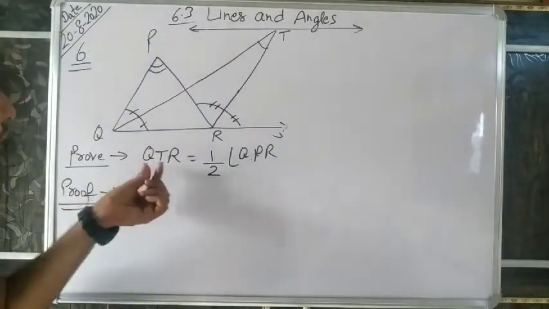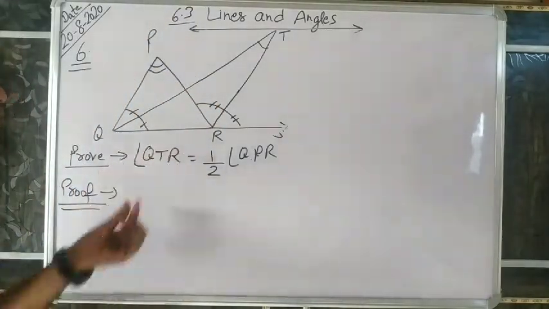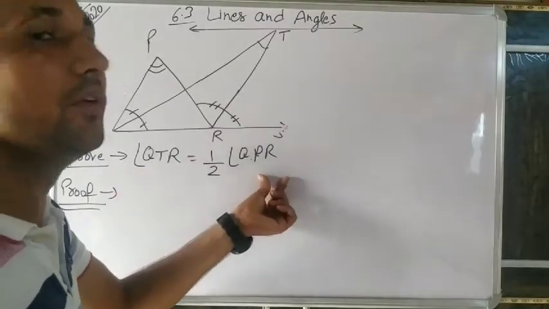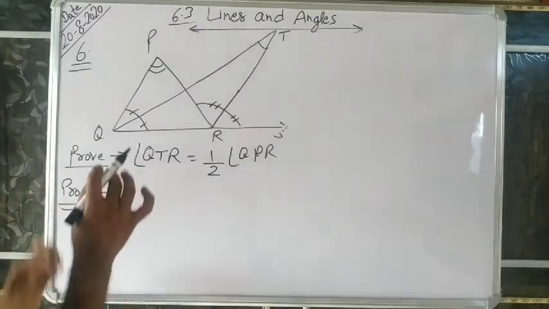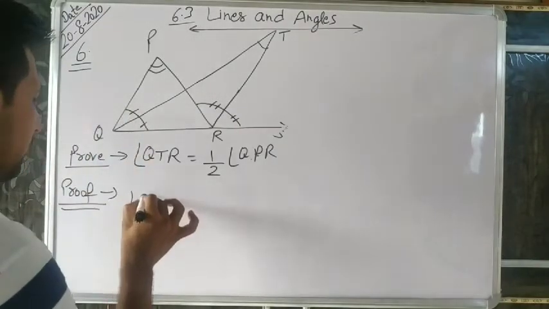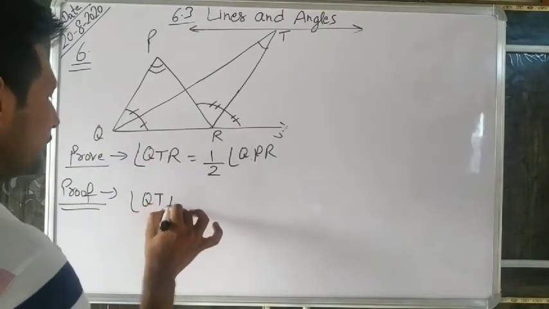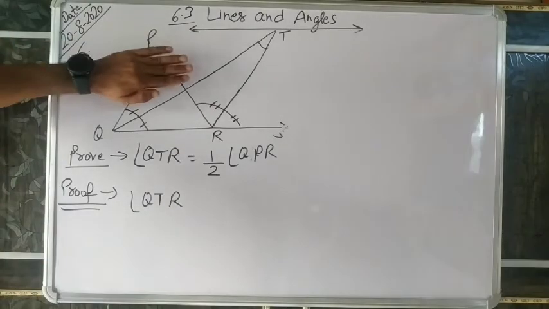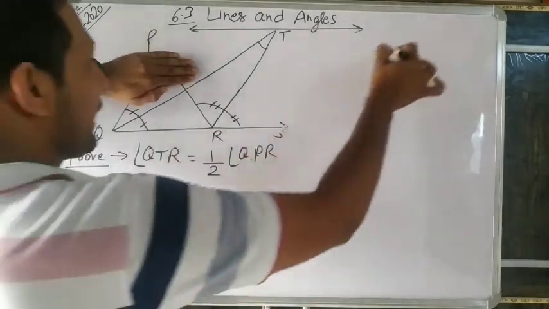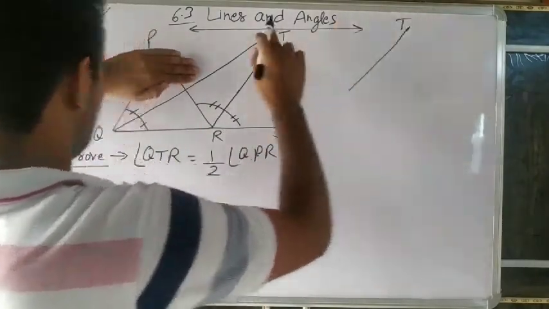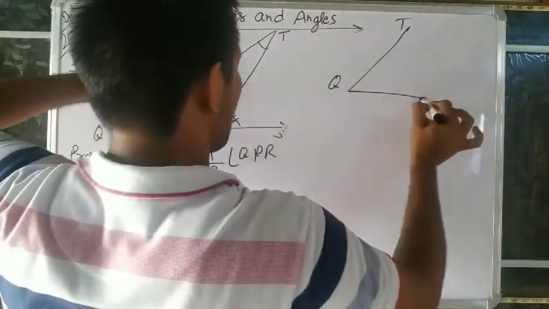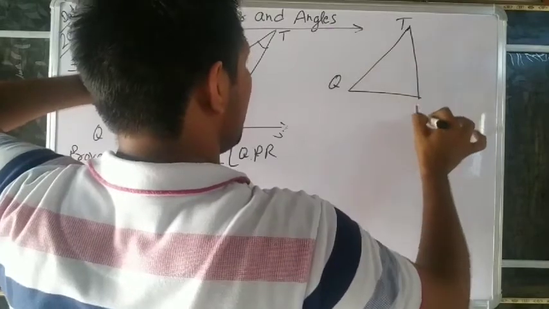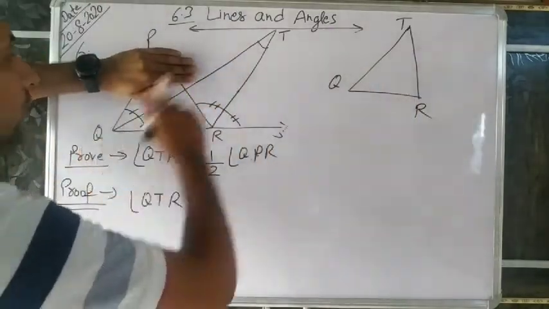What do we want to find? We want to find angle QTR equal to this one. So we will use angle QTR and QPR. First we use QTR. Find angle QTR using the triangle TQR.